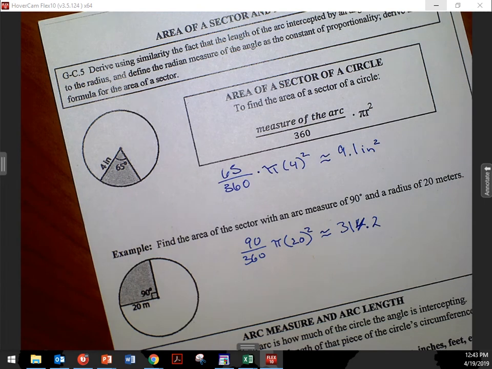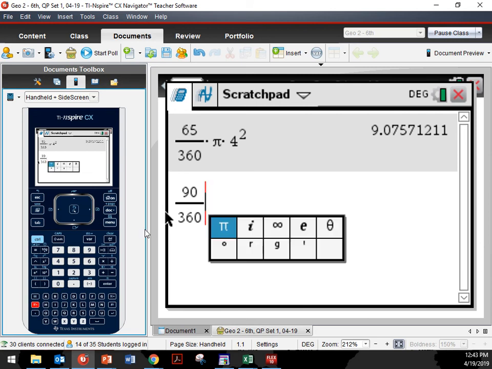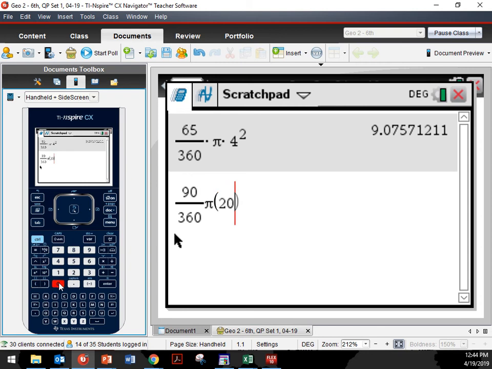Okay, give me one second. Let me check this. Yep, 314.2, because the 5 is going to make the 1 go up.